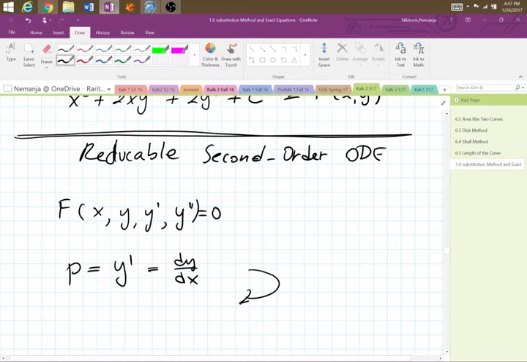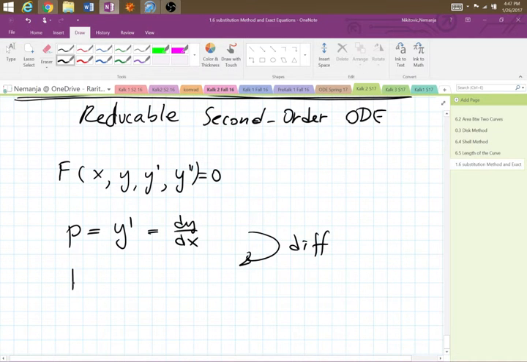And then if you differentiate that one, you get the second, which is p prime is equal to y double prime. Then plug in and good luck. Because it either ends with separable, exact, it ends up with something, okay?